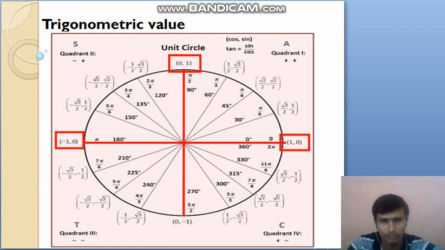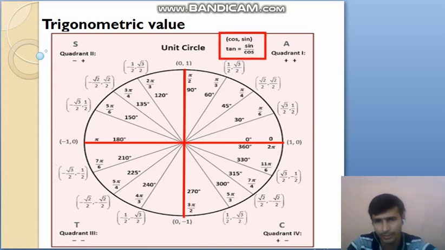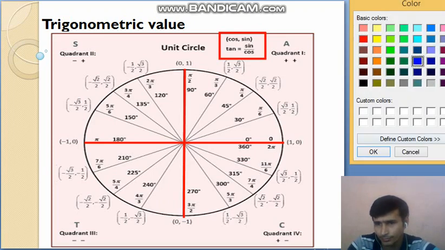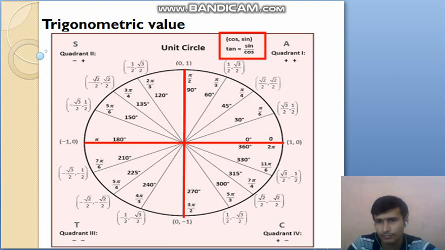Minus 1, 0: the x coordinate is minus 1 and the y coordinate is 0. And here 0, minus 1: the x coordinate is 0 and the y coordinate is minus 1. The x coordinate represents the value of cosine and the y coordinate represents the value of sine. Look at this, right?